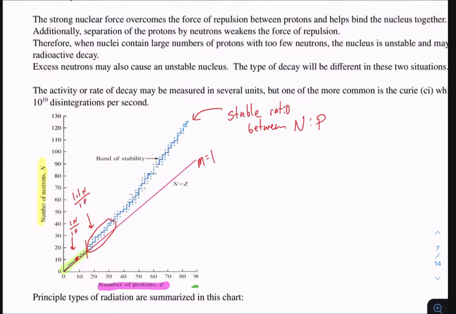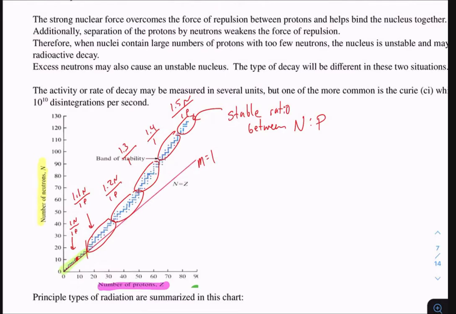And then it goes up even still, 1.2 neutrons per 1 proton. 1.3 to 1. 1.4 to 1. And the very top, 1.5 neutrons to 1 proton. These ratios dictate when a nucleus is going to be stable.